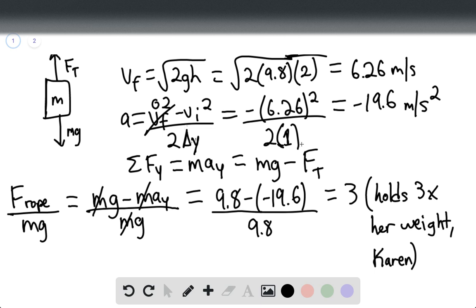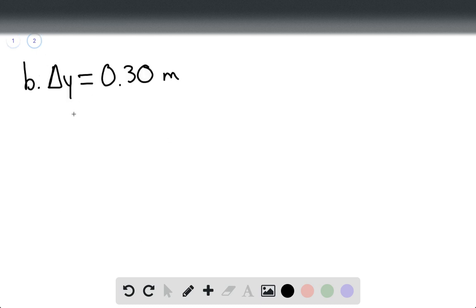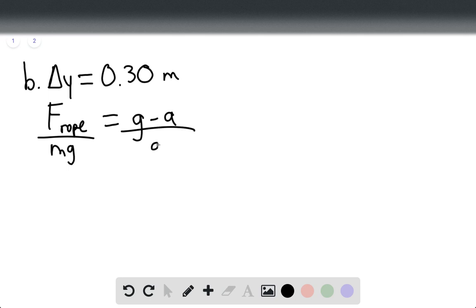If Karen bent her knees as she was hitting the ground, a lot of factors can contribute to this delta y. However, with Jim's static rope that doesn't stretch as much, we have a delta y of 0.30 meters. So here, F rope divided by mg is going to be, again, g minus a, divided by g.